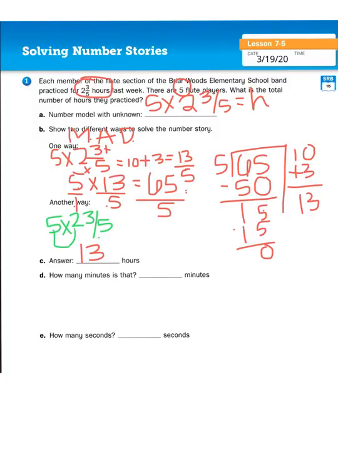So 5 times 2, I'm going to do 5 times 2 equals 10. Then I'm also going to multiply 5 times the fraction. So 5. All right, and our fraction is 3/5.